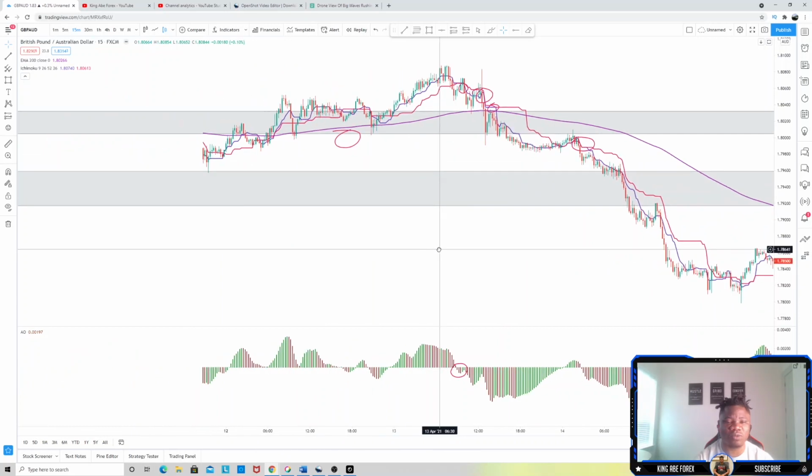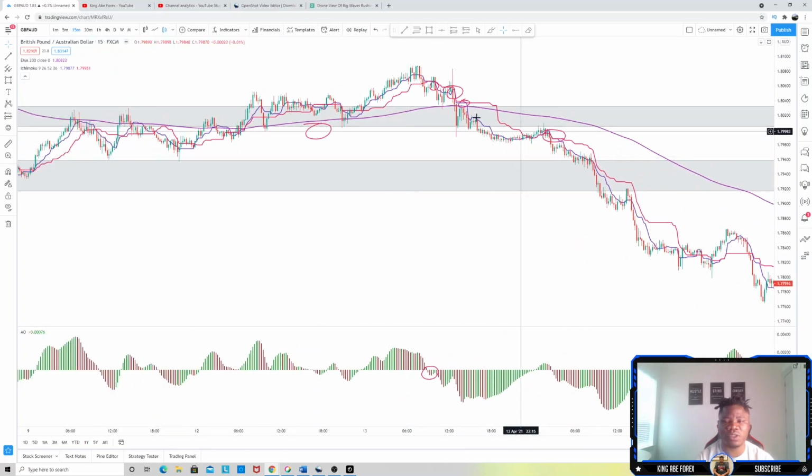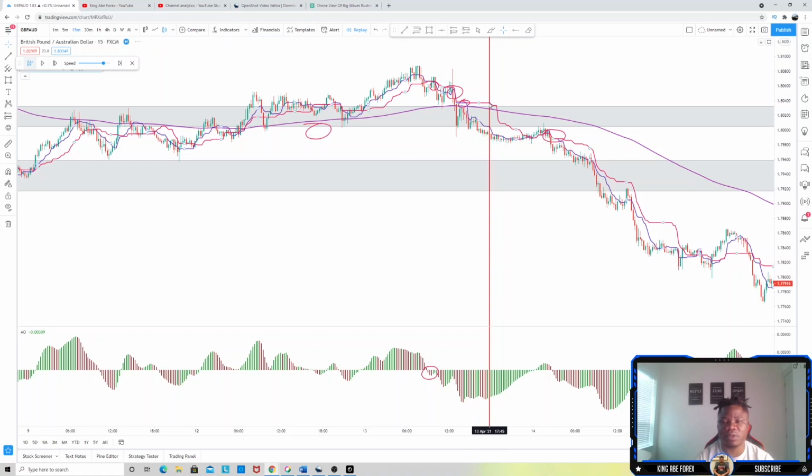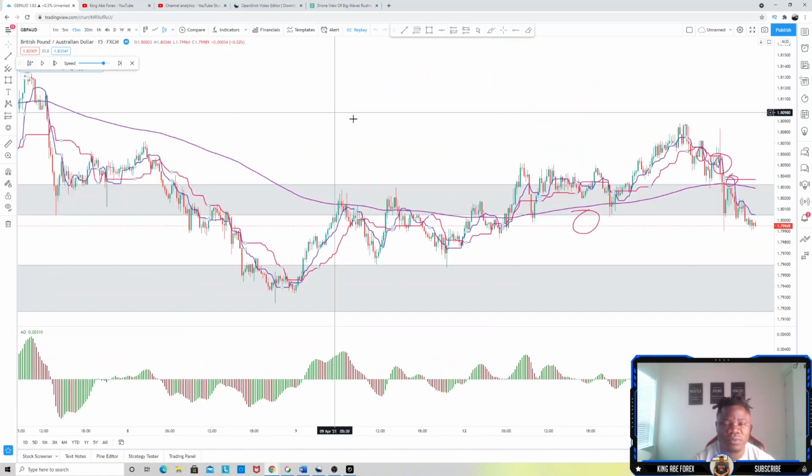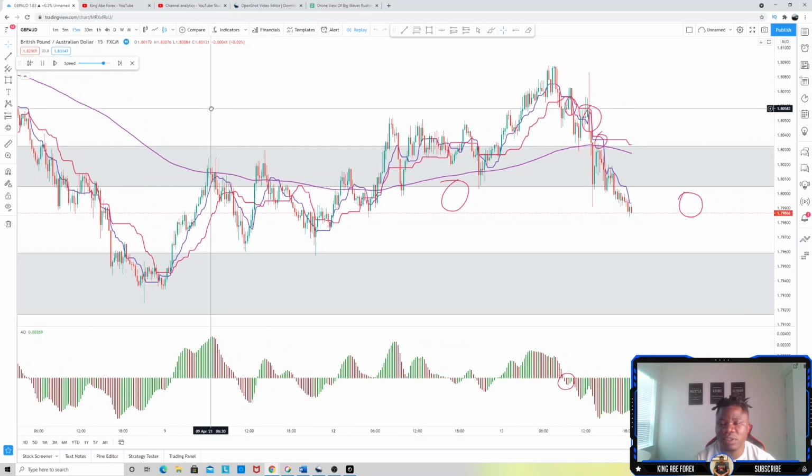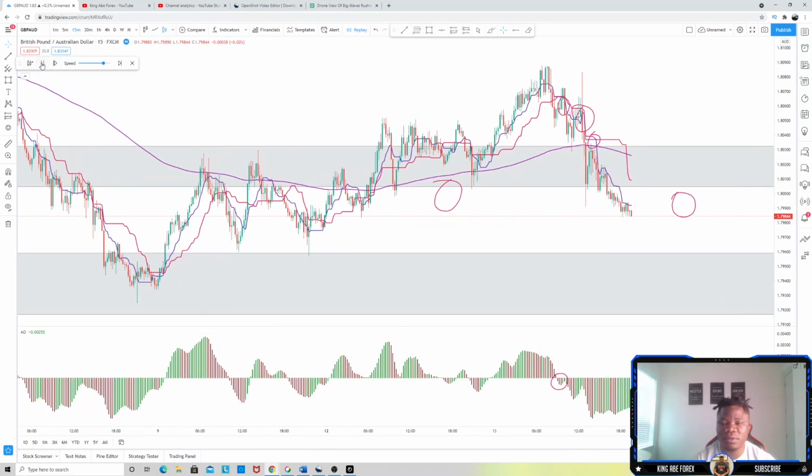So now what do we do? Now we're just going to pull this back in replay mode, and let's see how this trade played out. So we got it right over there. See how this trade played out.